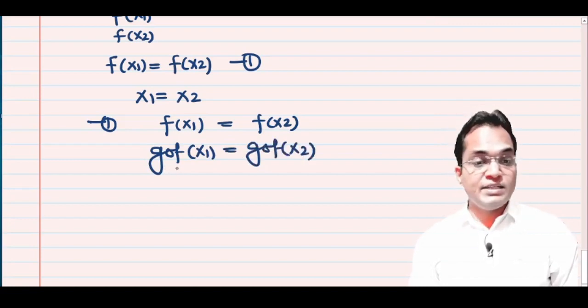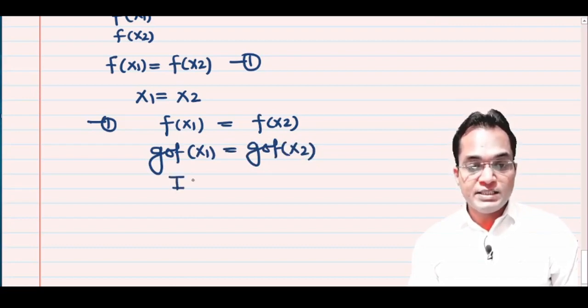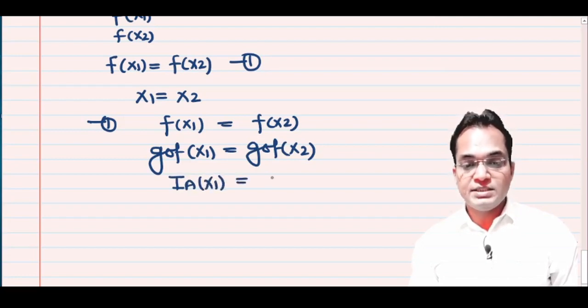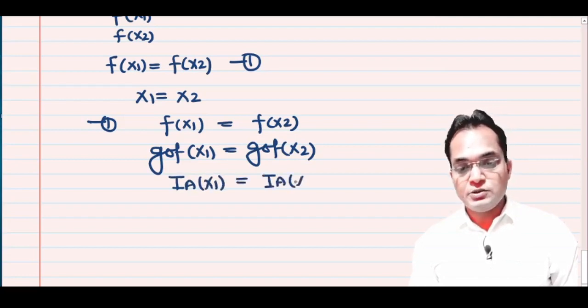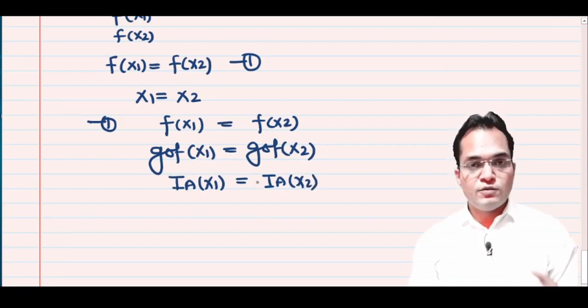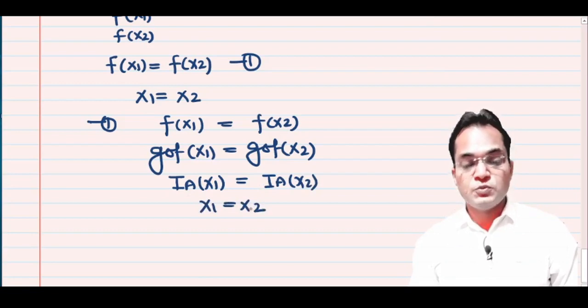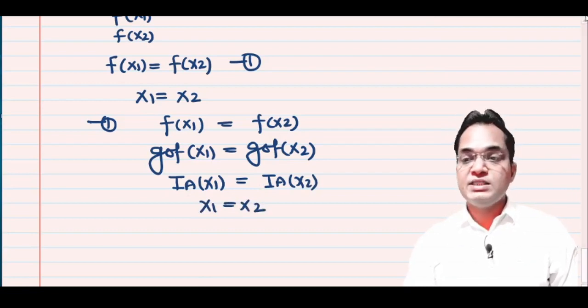It is the identity function, that's why we can write that it is IA(x1) equals IA(x2). And as we know, for the identity function here x1 equals x2, means our fundamental requirement is clear.